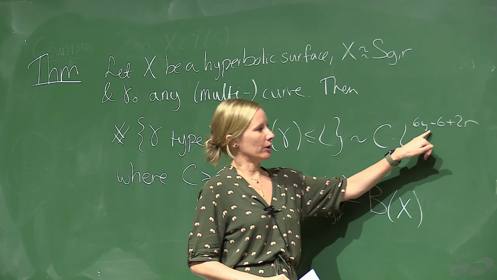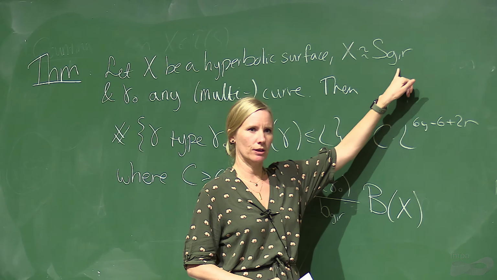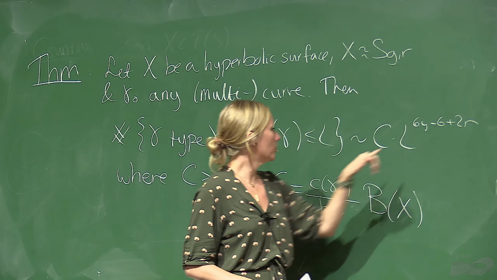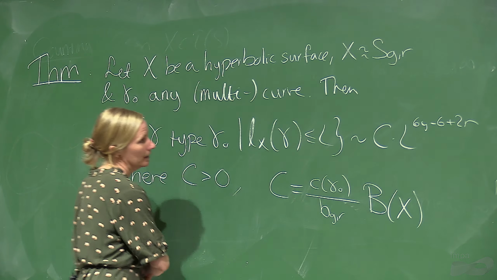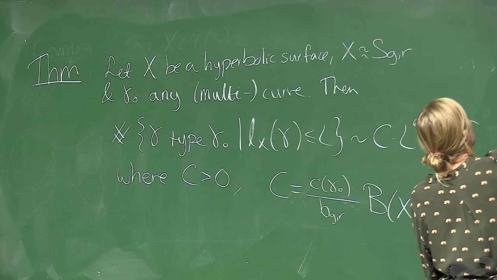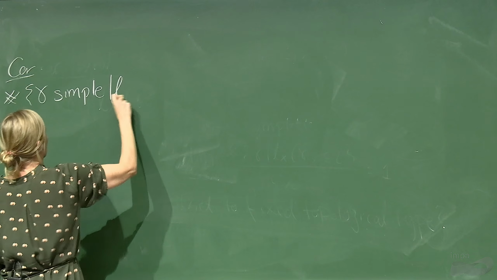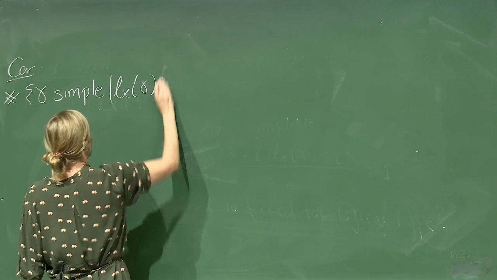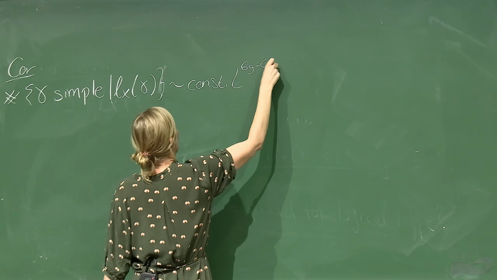But the growth is polynomial instead of exponential, and it only depends on the topology of the surface, not which metric you put on it. And in fact, it also doesn't depend on the type of curve. It's going to come up in the constant, but some corollaries to this is that you could count all simple, some constant, the constant is going to change, but it's L to the 16 minus 6 plus 2r.